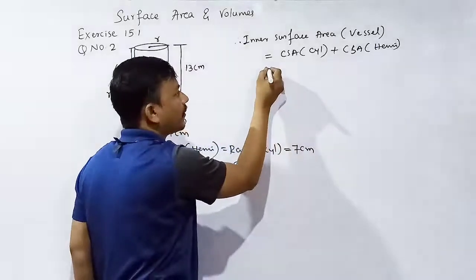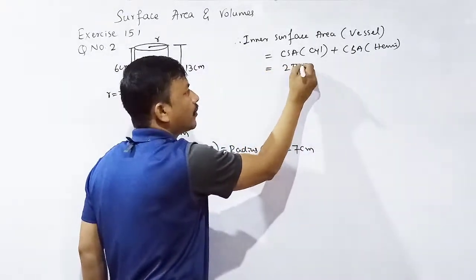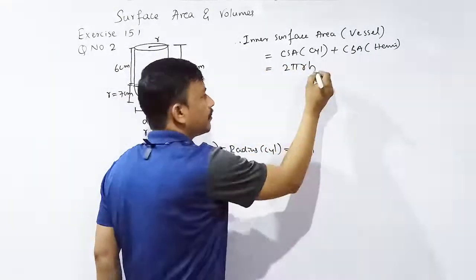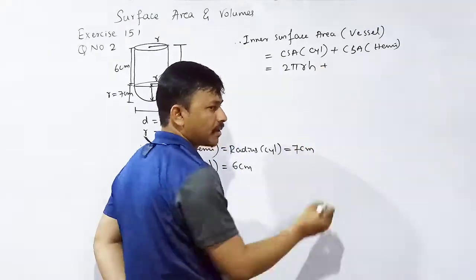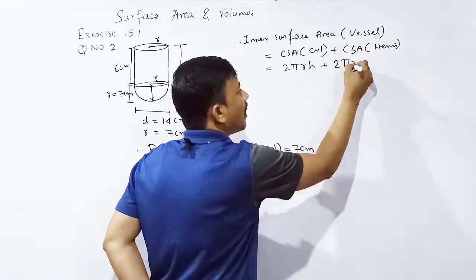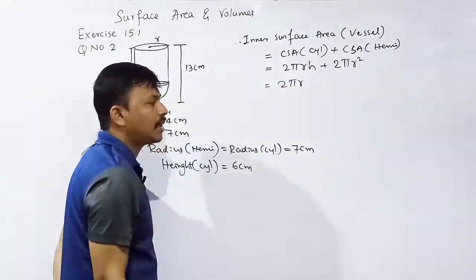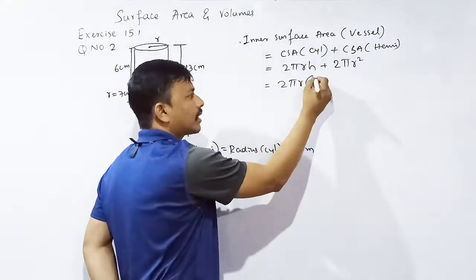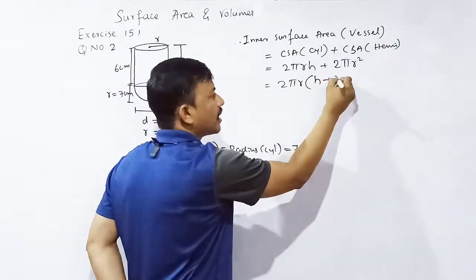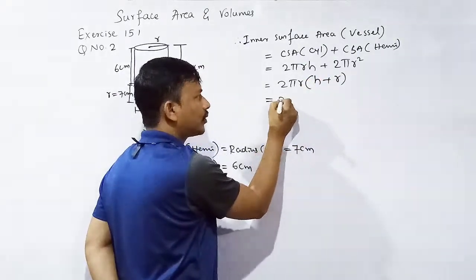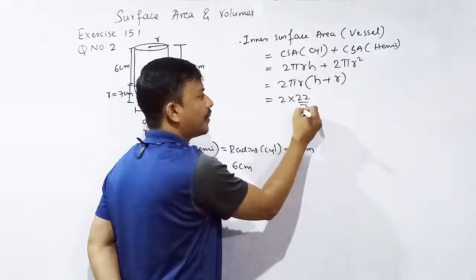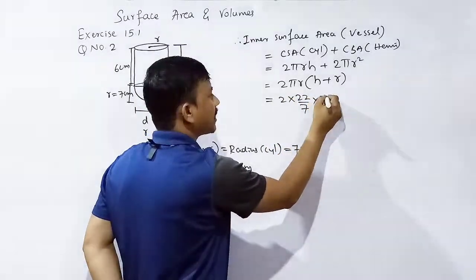What is the formula for CSA of cylinder? 2πrh, plus what is the CSA of hemisphere? 2πr². What is the common here? 2πr is the common. In bracket, what is the value? h plus r. This is equal to 2 into 22 divided by 7. What is the radius? 7 centimeter.